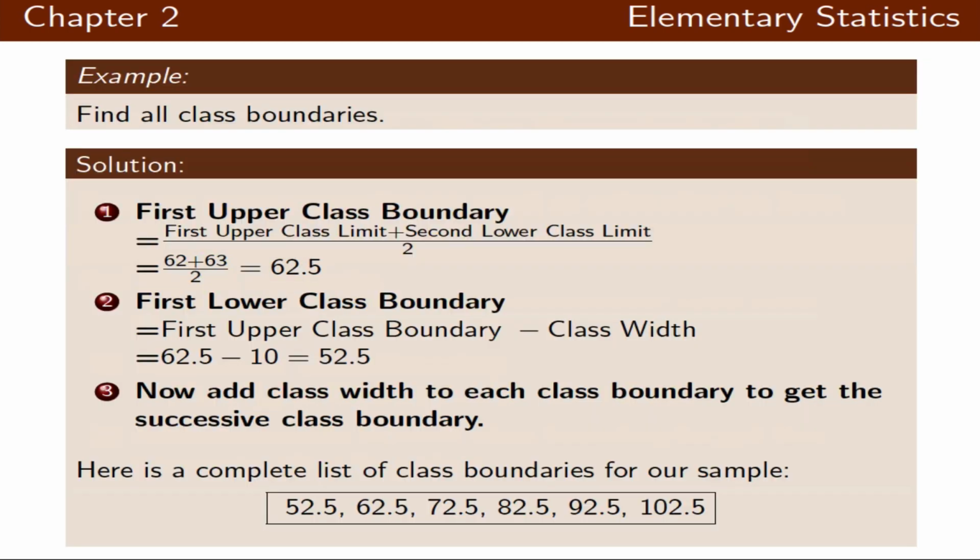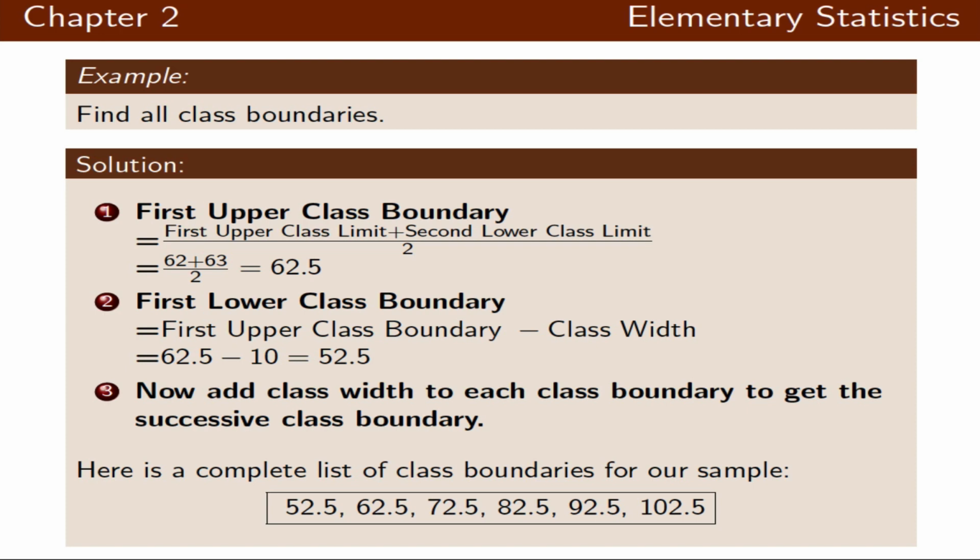So our first upper class limit was 62. Our second lower class limit was 63. Their sum divided by 2 is 62.5. That would be the first upper class boundary. To get the first lower class boundary, we subtract 10, the class width, from that.